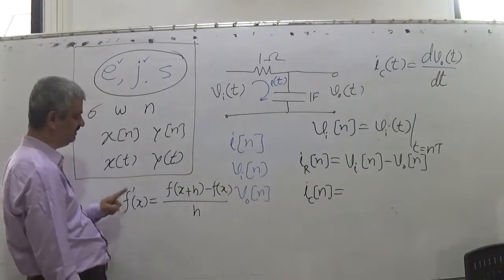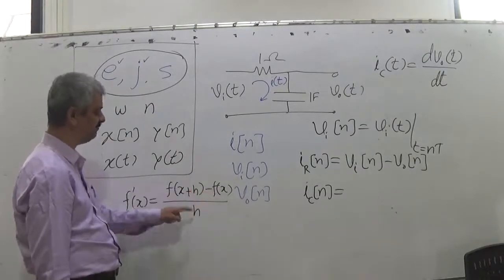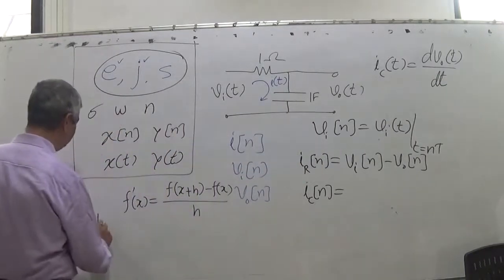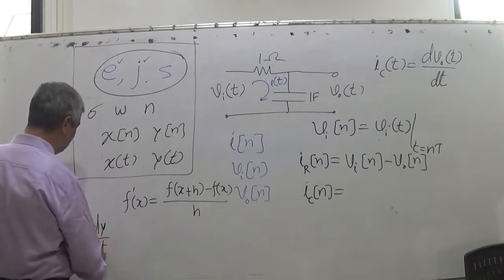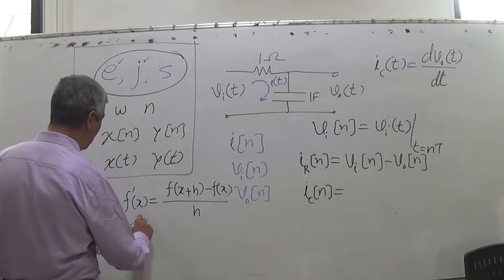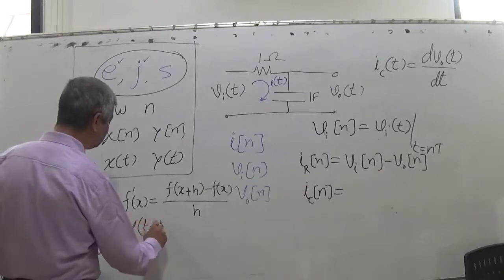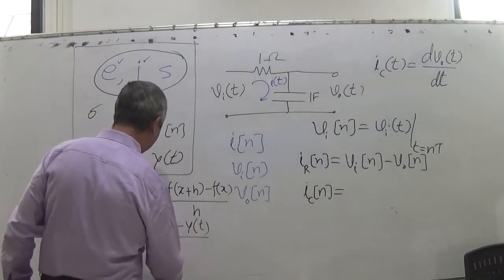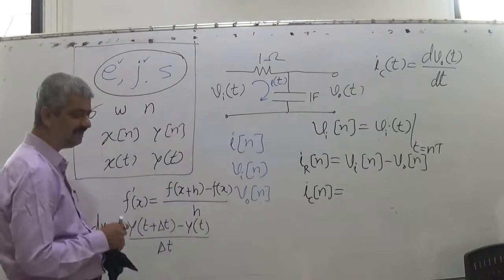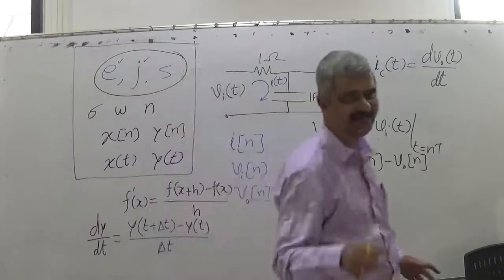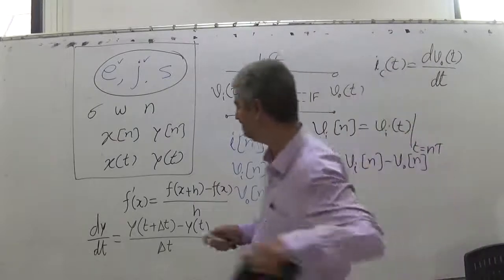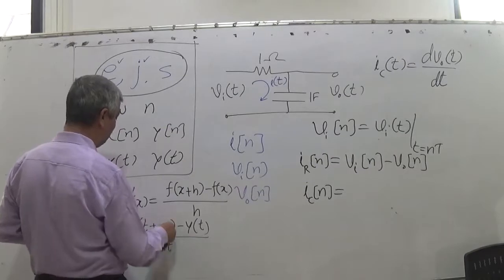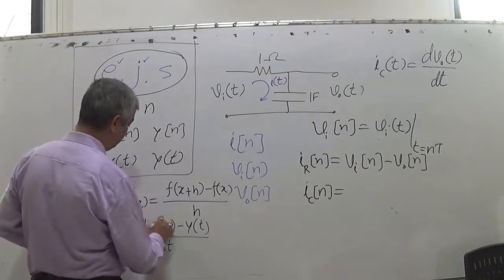Or to be more precise, what is dy by dt? dy by dt is y of t plus delta t minus y of t upon delta t as delta t tends to 0. So delta t is the sampling interval. If I sample at a sufficiently fast rate, let it be delta t right now. I will explain.